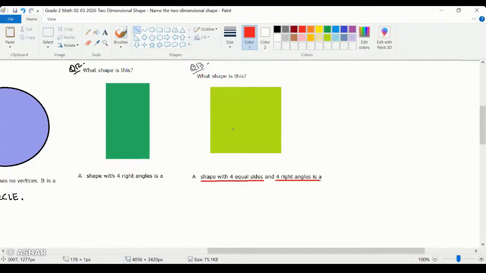So in question number 13 we say this is a square, because four equal sides, right? But in question number 12 it said it only has four right angles. Four right angles means all the angles are 90 degrees, like a square. But one condition is not there. They are not telling us that all the sides are of the same length, right?